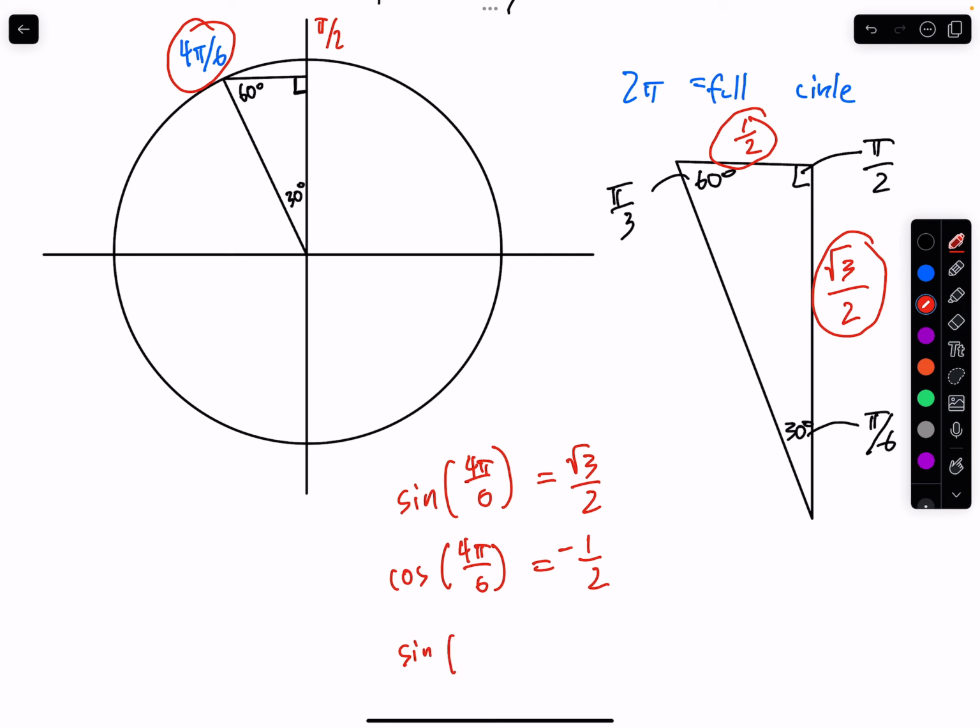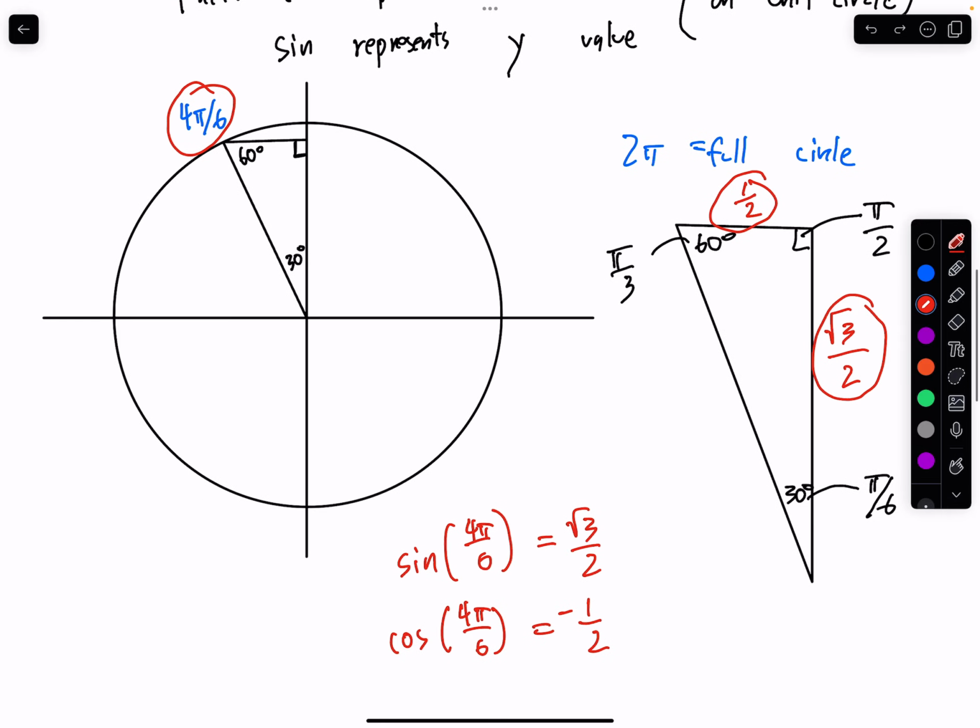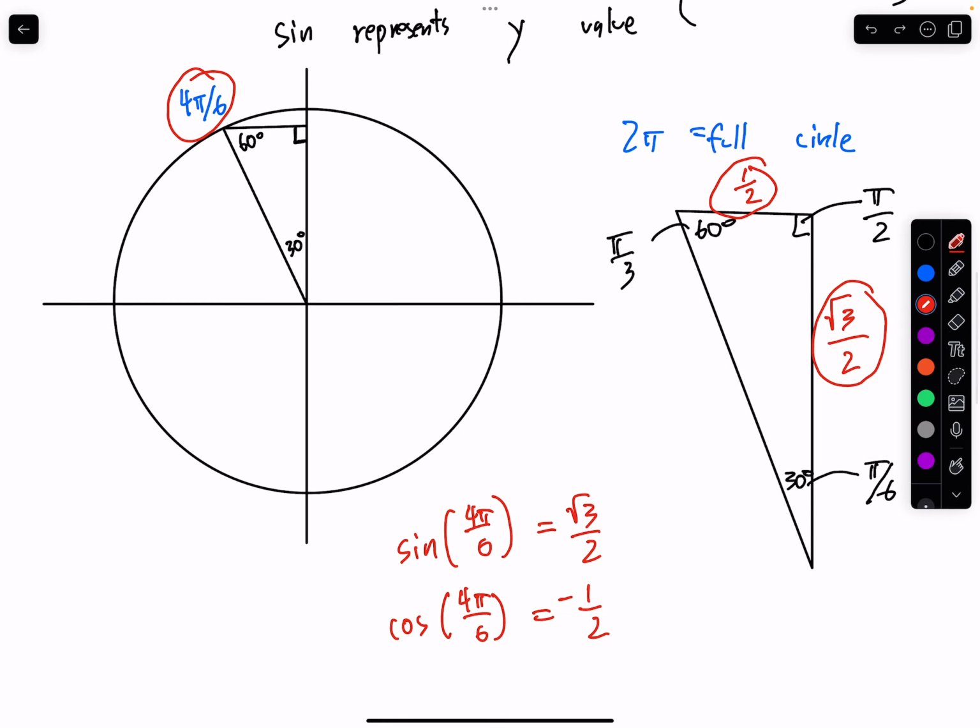Sine of pi over 2 is 1, and cosine of pi over 2 is 0. Same idea here. Cosine of pi would be negative 1, while sine is 0. Okay, so far, we've gone through the entire unit circle. Now we know how to calculate any value of any multiple of pi over 6 for sine and cosine, right?